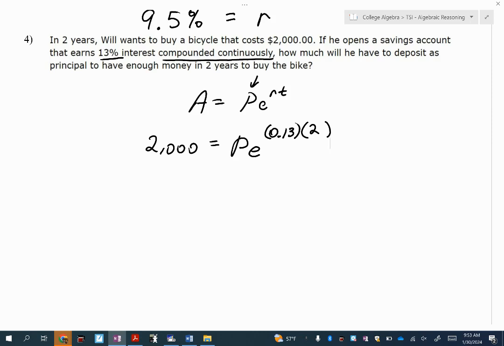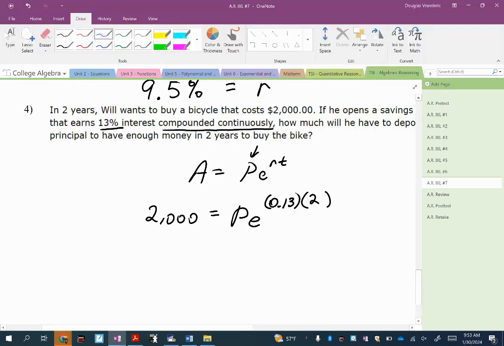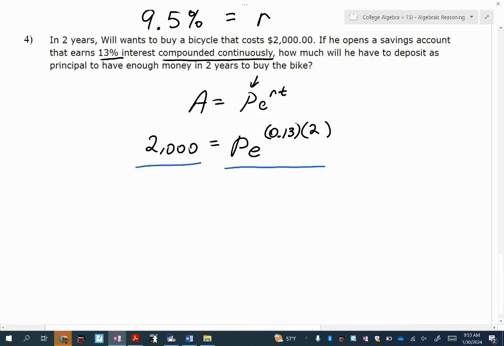So how do I get P by itself? Divide by E. Excellent. If you wanted to multiply 0.13 times 2 first, that's totally fine. But if you wanted to leave it separate like this, that's also good. It should be the same answer.